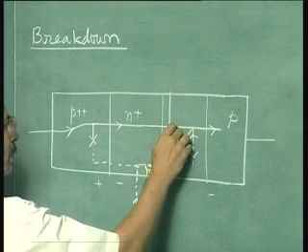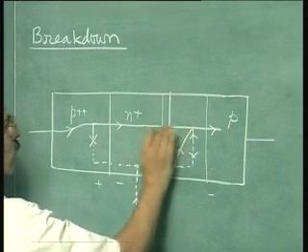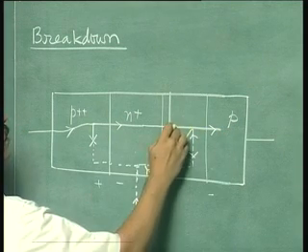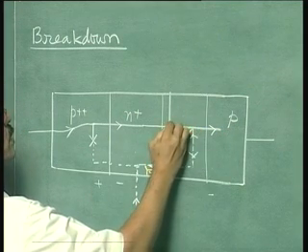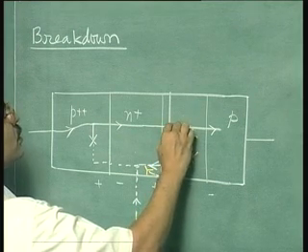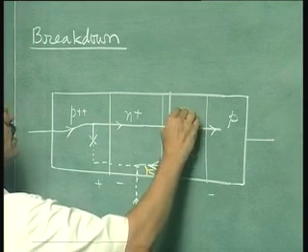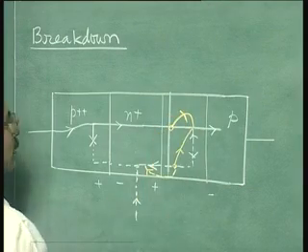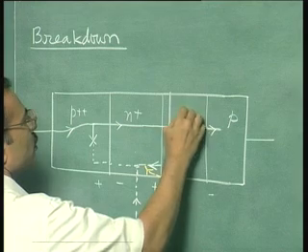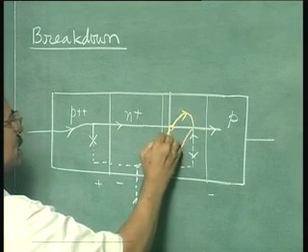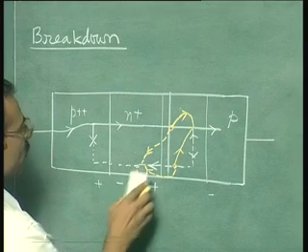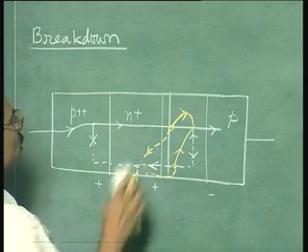Now similarly there will be a multiplication of this current also, this whole current which is injected from the base to the collector. So here you have holes which are generated, which join up with these holes, and electrons which are generated which join here. So let us show all this joining the same point.